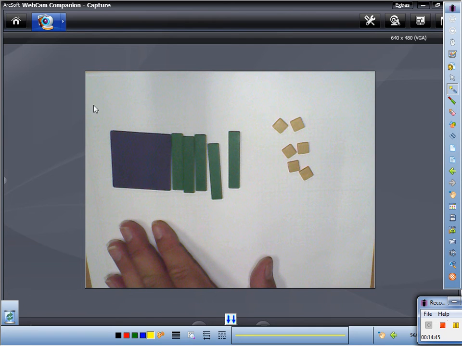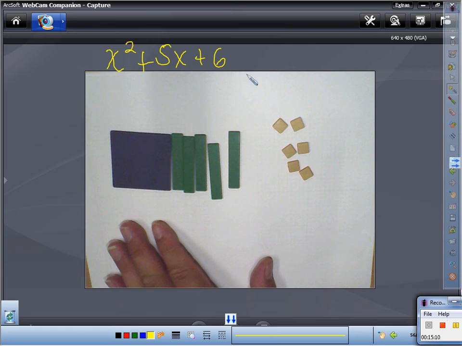Tell your neighbor the polynomial that we have in front of us. Okay. Go ahead, Shaden. What do we have? X squared plus 5x plus 6. Have you got that? Okay, so you're writing that down on your paper, and then you're going to open two parentheses in order to get our factors.